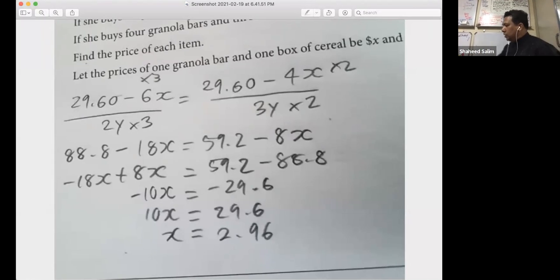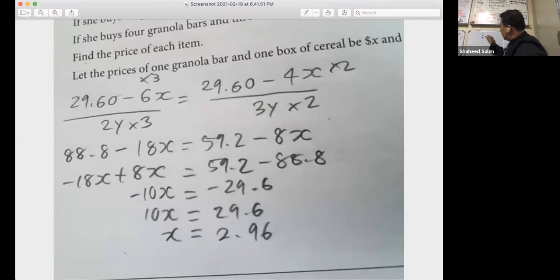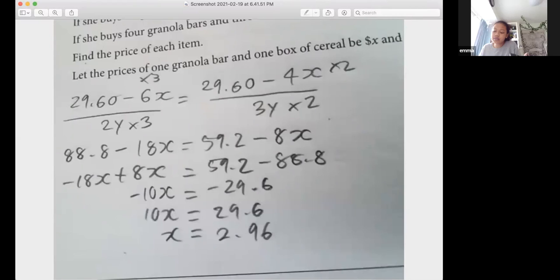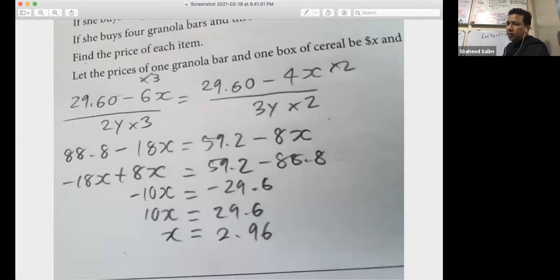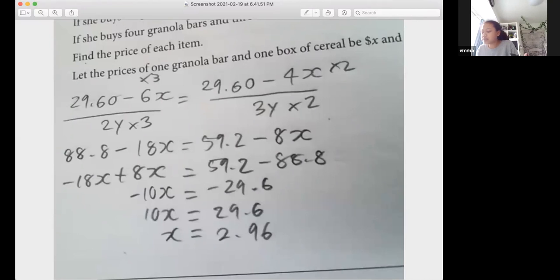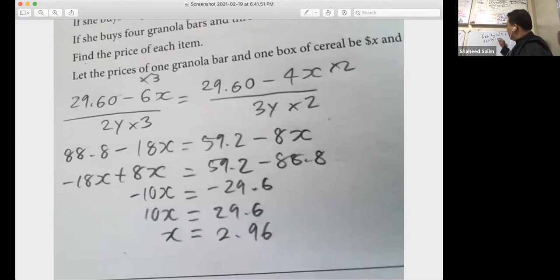You tell me now what is your equation for the first one? 6x plus 2y equals to 2960. 2960. Very good. Your second one? 4x plus 3y equals 2960. 3y equals to 2960 also.